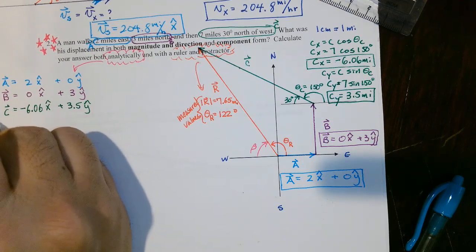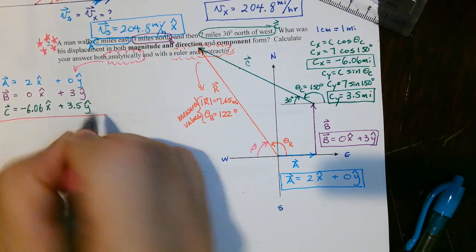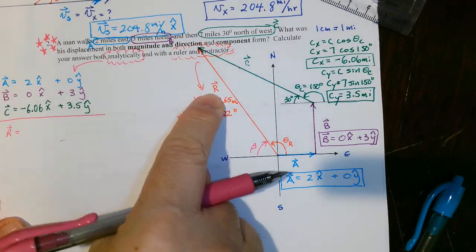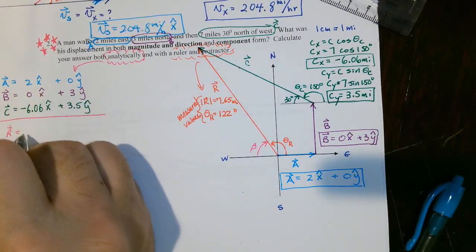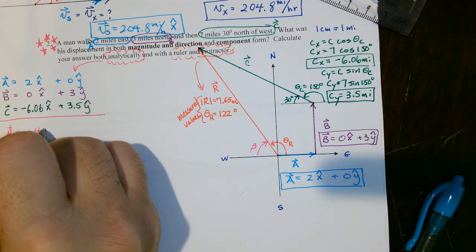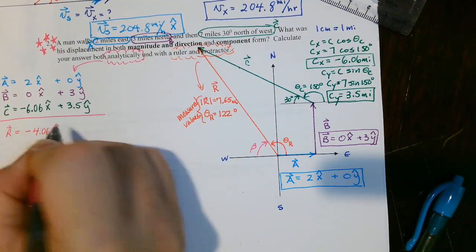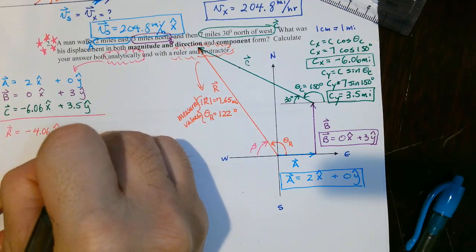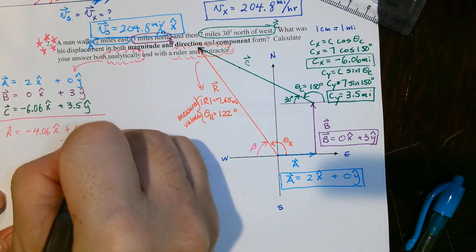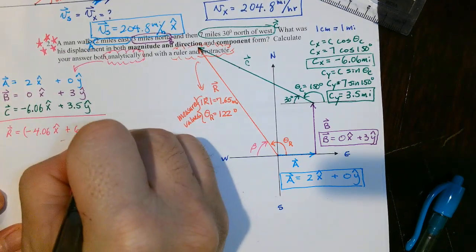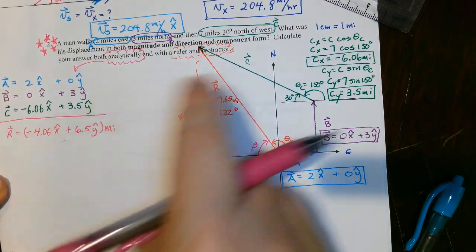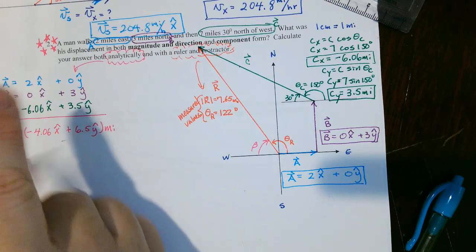So when I add all these up, my resultant vector R comes out to negative 4.06 x hat plus 6.5 y hat miles. So this is the Cartesian form, or the component form, of my vector.